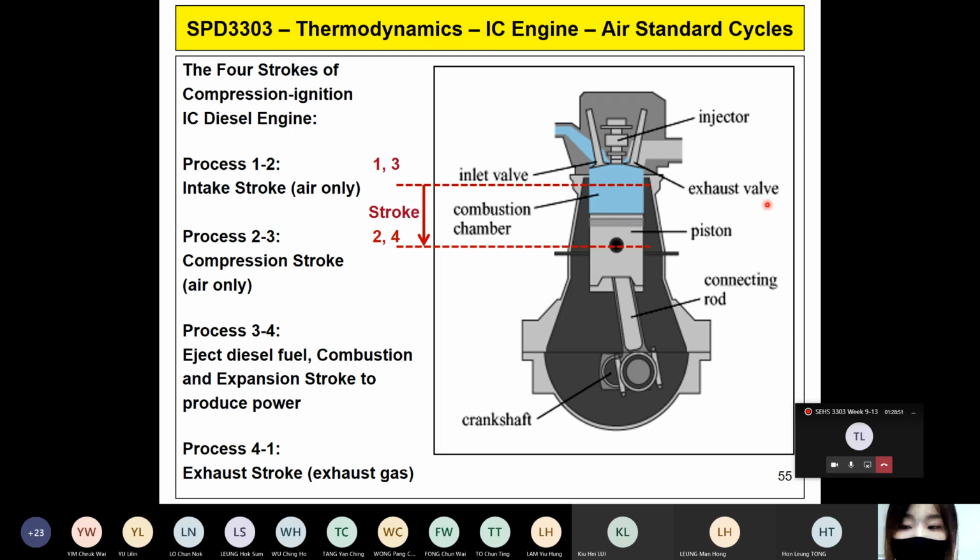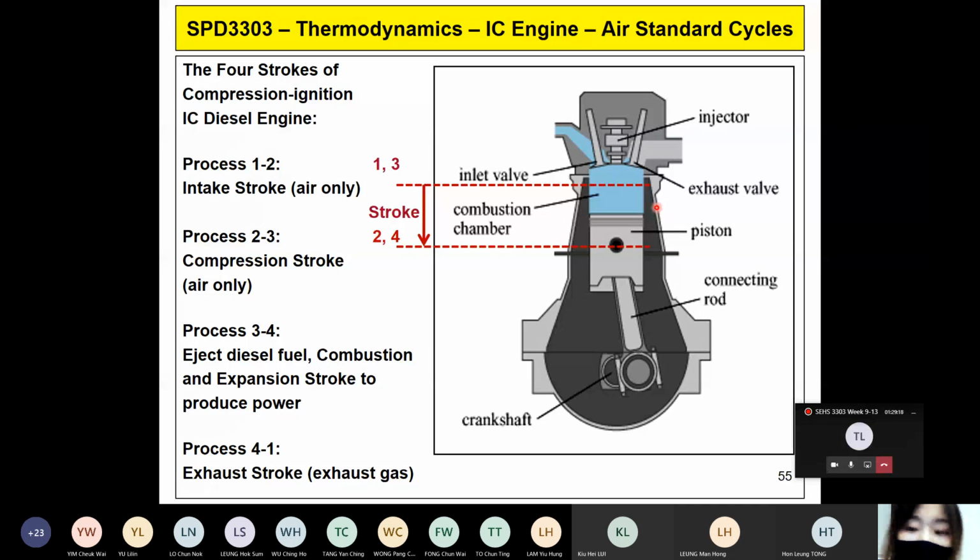Everything goes back to the initial state. We repeat these 4 strokes to get continuous power, continuous work output to drive our car or any machine that you want to drive.